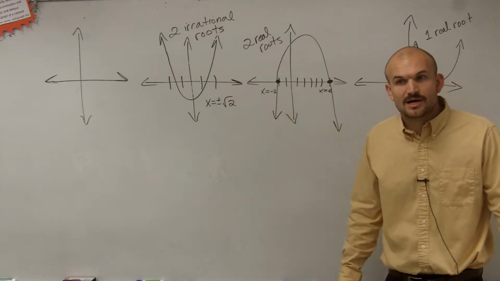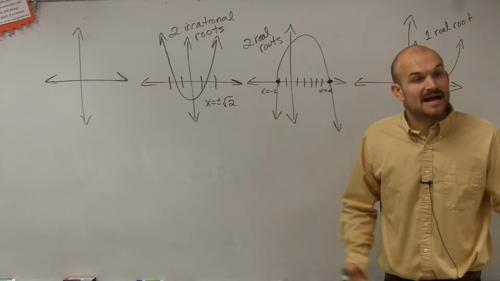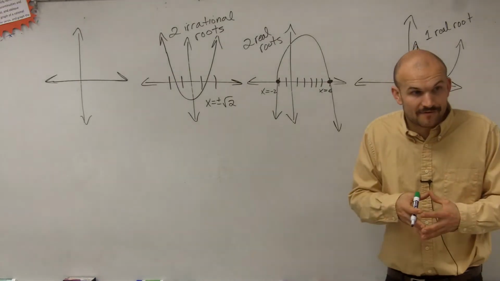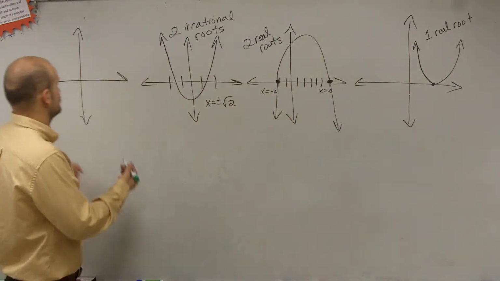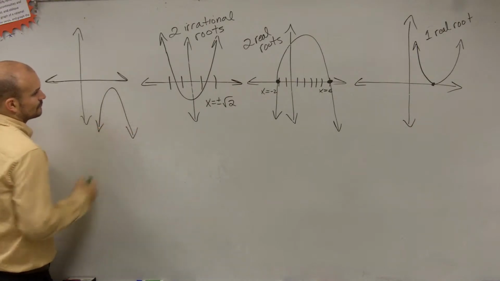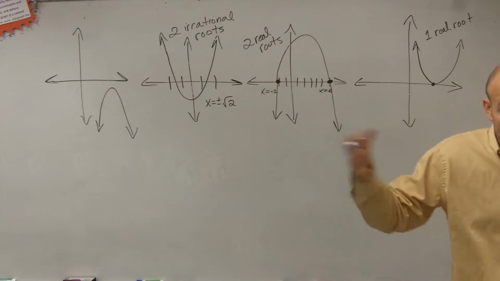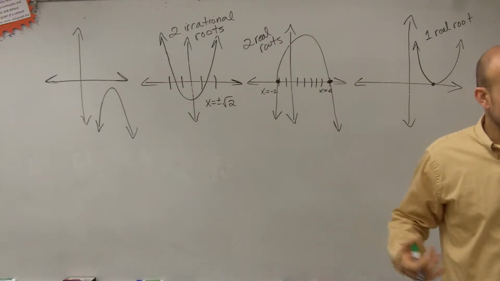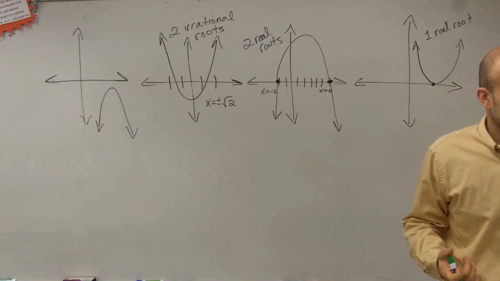The last one we talked about was imaginary roots. When you have imaginary roots, the graph is not actually going to cross your x-axis. We said imaginary roots look something like this. But we could still solve and find the roots. We just got an i with the problem.